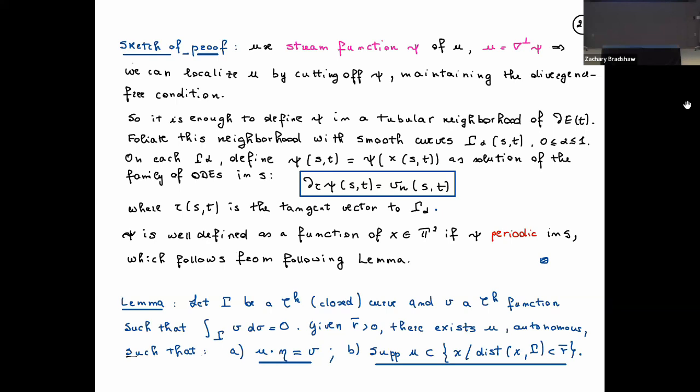Then there exists, on a neighborhood of the curve defined in terms of the distance to the curve, given R bar, which tells you how far you go from the curve, an autonomous vector field U that has the following property: the normal component is exactly this function V, and the support of U is within this neighborhood.